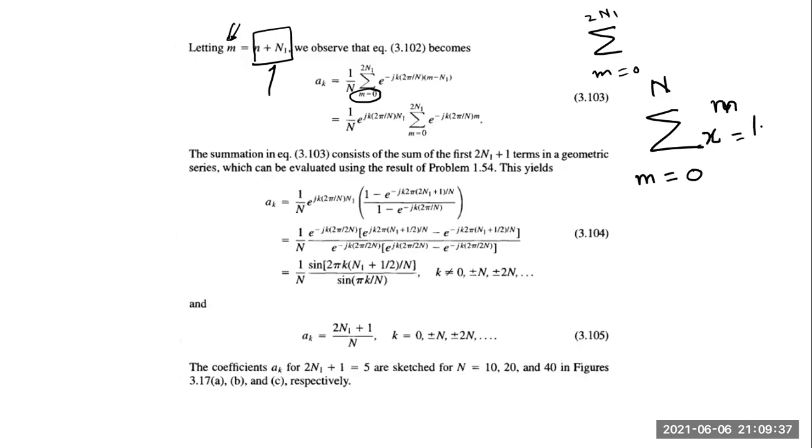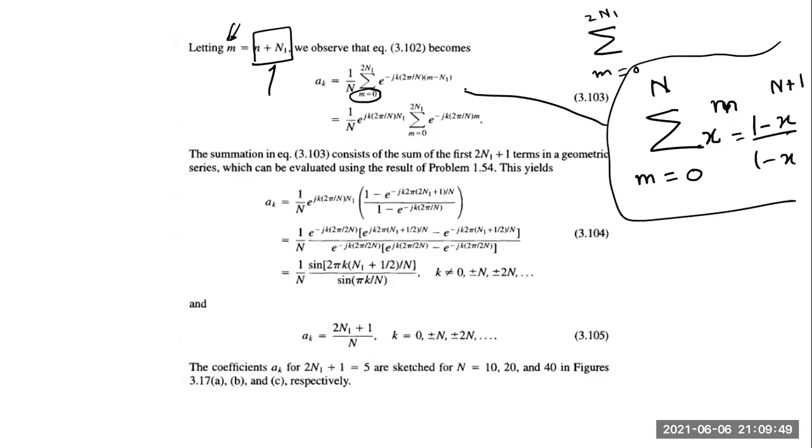It ends up as 1 minus x to the power N plus 1, divided by 1 minus x. So this is the result that you can now use over here.